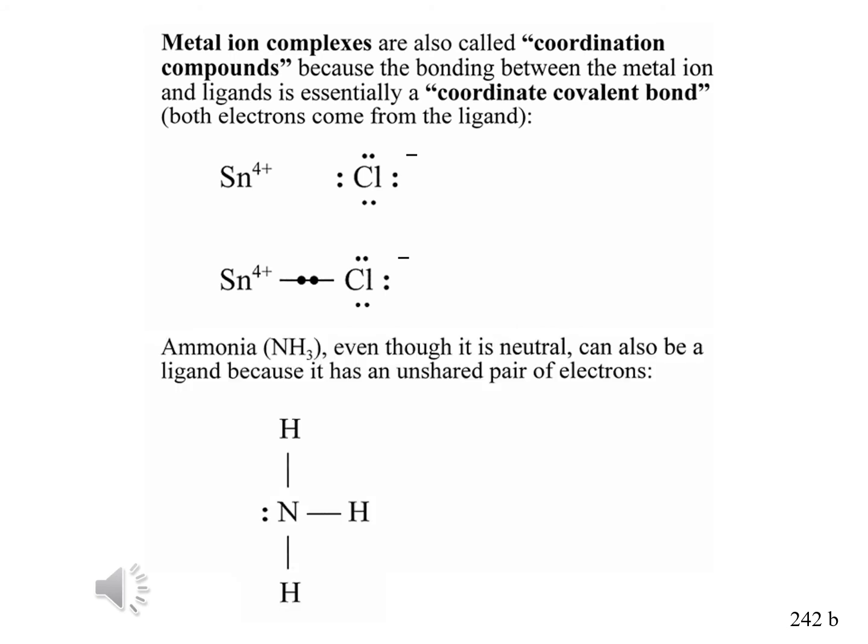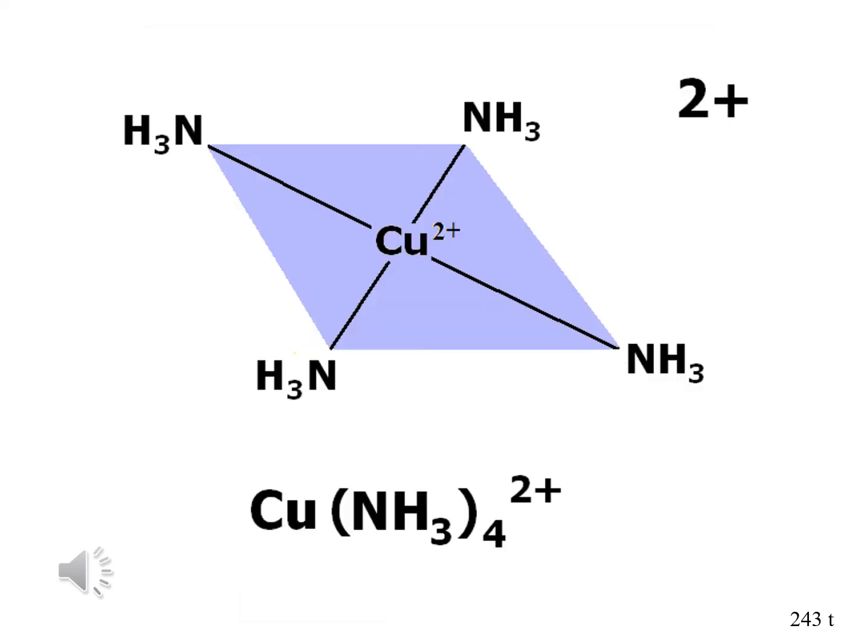That also explains how a neutral molecule like ammonia, which is not even a negative ion, can bind to a metal, because all it has to have in order to bind is one unshared pair, which ammonia has on the nitrogen. So when ammonia binds to copper, there's actually 4 of them, and the figure that you see is what's called square planar.